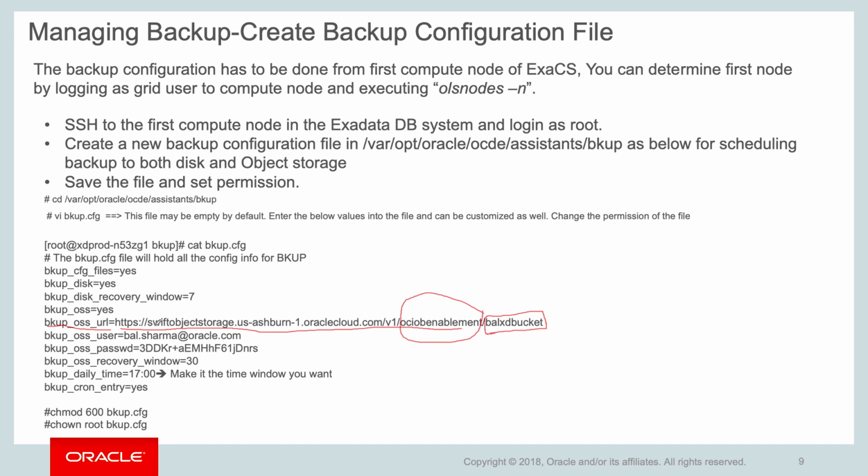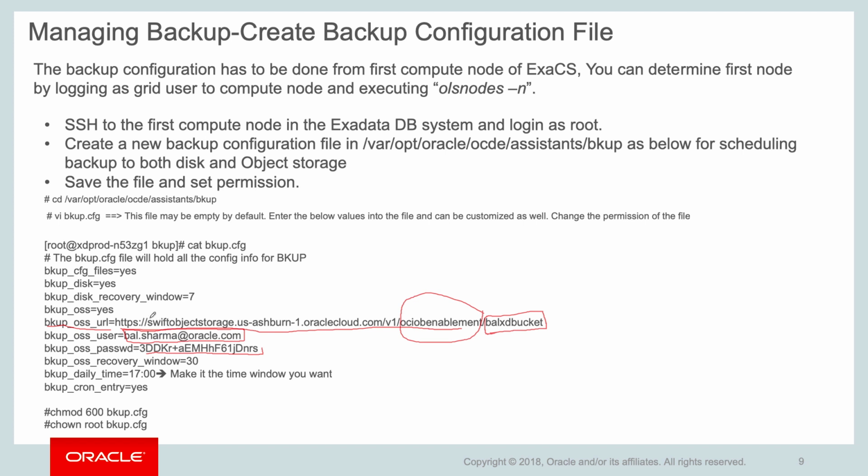So you will have your own OSS URL that you can find in your tenancy, and then you need to have the OSS user. In my case, this is my user ID which has access to this particular bucket in my tenancy, and then you have already created an auth token, and in my case the OSS password is nothing but the auth token for your object storage bucket.